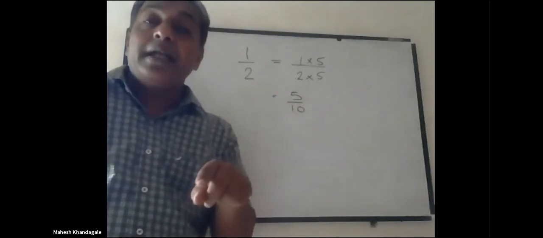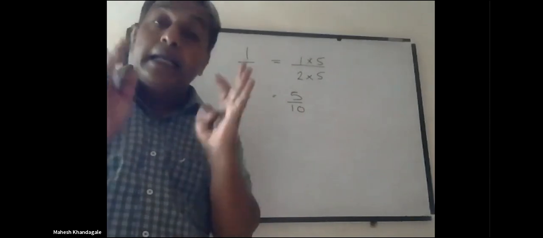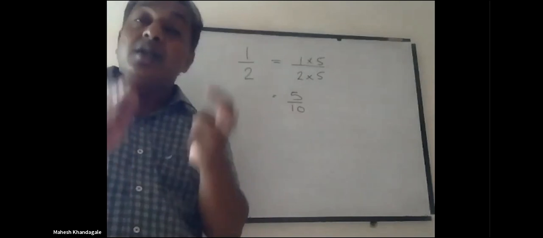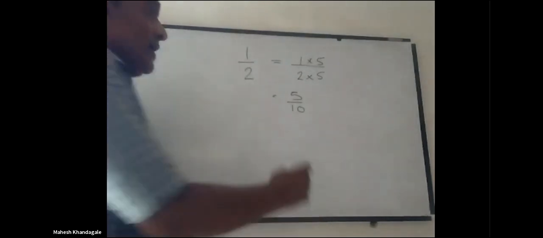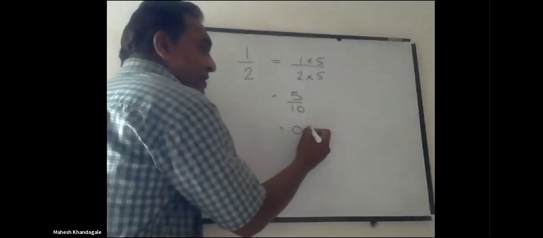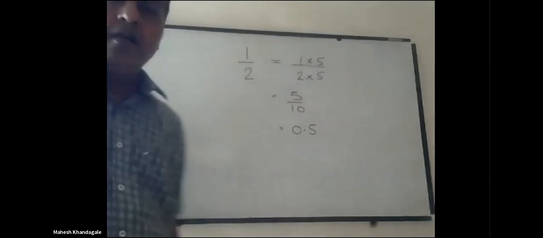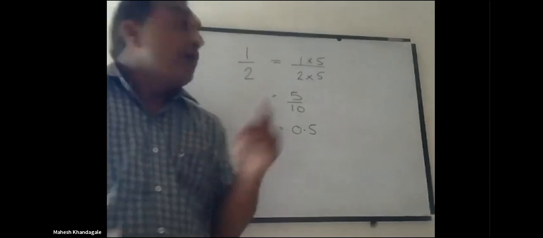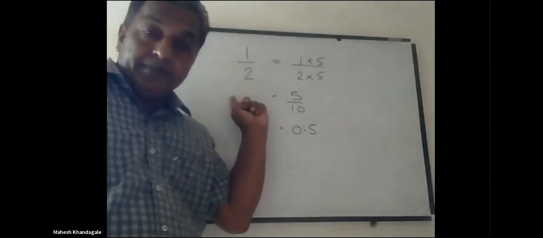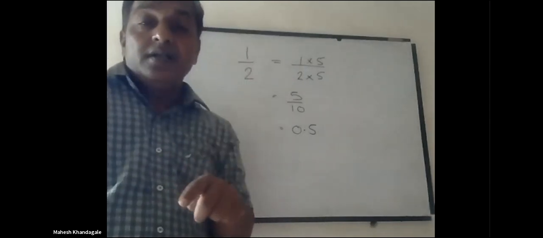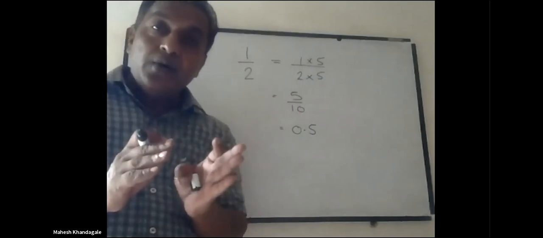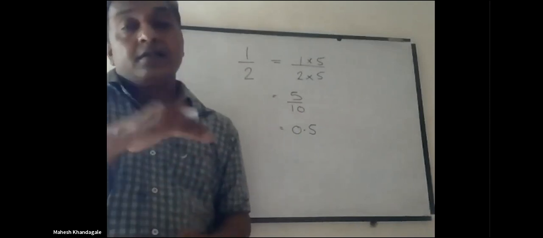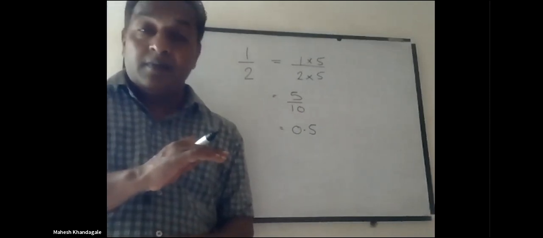So division by 10, what does it denote? Tenths, 1/10. So 5 such 1/10 parts, and in decimal we can write this as 0.5. Understood? So every time a fraction is given, you convert the denominator into a multiple of 10 and then write it as a decimal fraction.